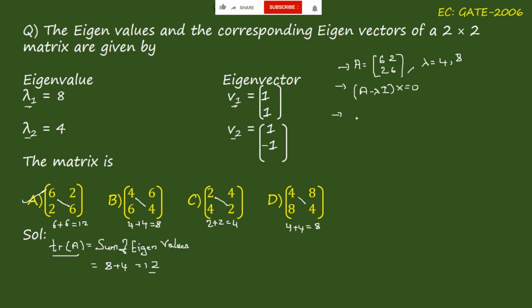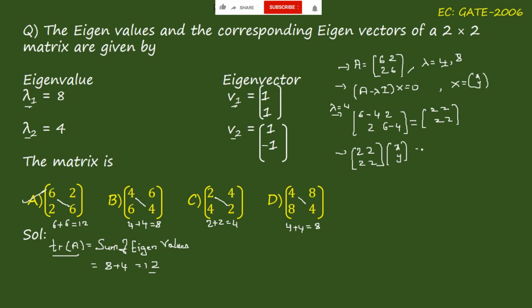So just substitute it. Consider first the case when lambda is equal to 4. A minus 4I becomes 2 2 2 2, and you multiply with x. If you consider x as x and y, then 2 2 2 2 times x and y is equal to 0.